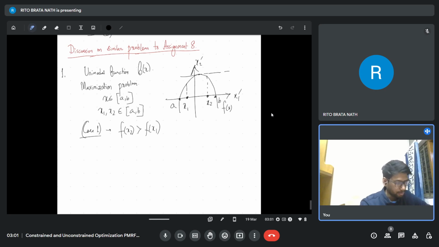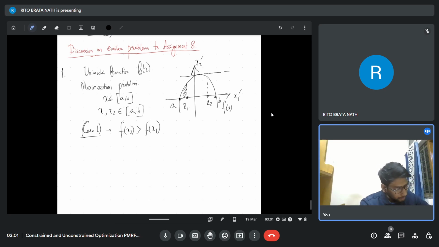So you know for certain that if f(x1) is less, then everything to the left of x1 will also be less. So you can eliminate this portion, the a to x1 portion. And now suppose I have given you f(x2) is greater than f(x1).